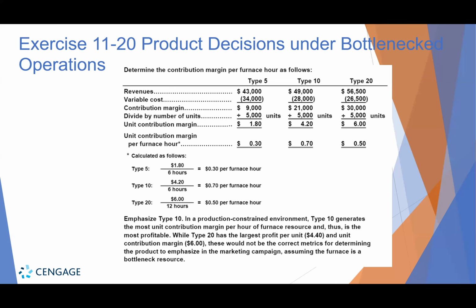So type 10 gives us the most unit contribution margin per hour of furnace resource and ultimately is going to be the most profitable. Type 20 has the largest profit, but if we're looking at it under these bottleneck constraints, we would not go with type 20.